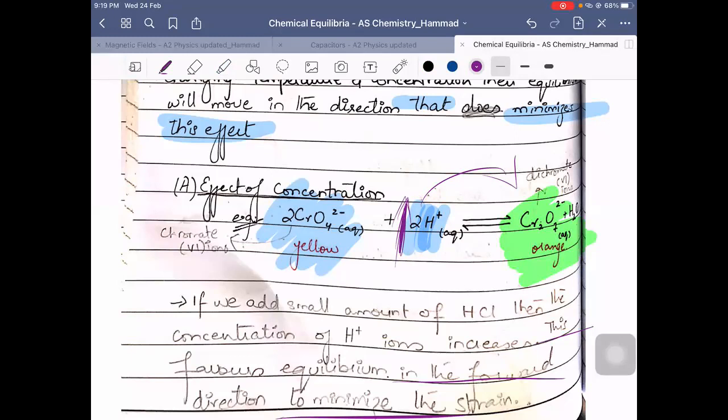And when the concentration of the reactant is increasing, it will start favoring the equilibrium towards the right hand side or in the forward direction. As a result, the yellow solution that you were initially seeing had now started converting into orange.